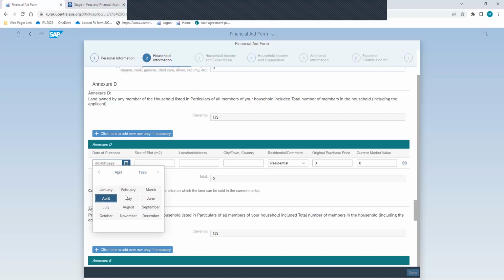I'm just choosing a date, any date here, just for demonstration, but you know that you have to submit some documents, and it is mentioned there. Size of plot, 100 meters. Location is like Dushanbe. Oh, sorry, it's the address. Ismail Somoni or something like that.